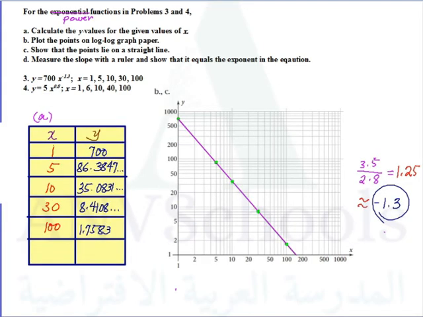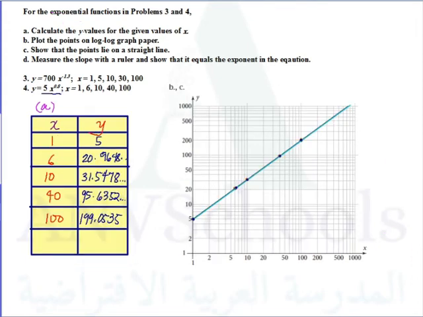So we got 1.3, that's approximately negative 1.3 because it's decreasing. Now if you use the same method, this will give us an approximate slope equal to 0.8. This time it's positive because it's increasing.